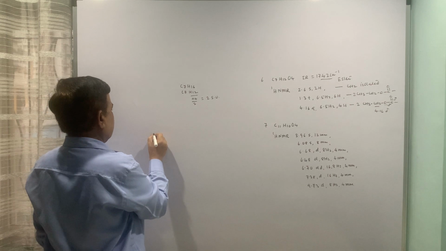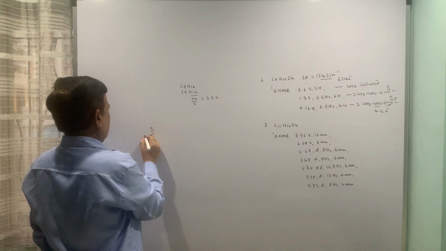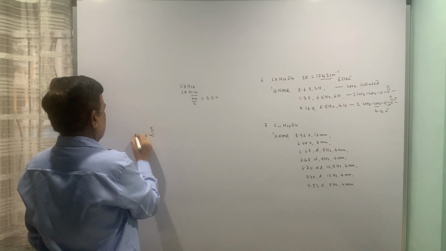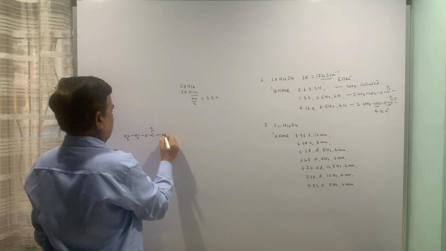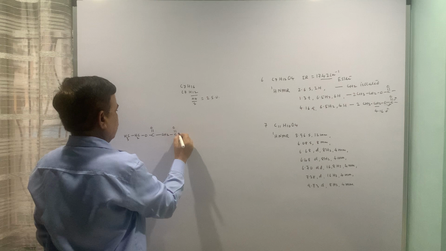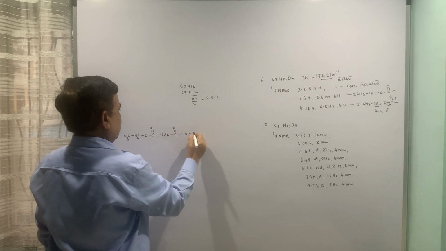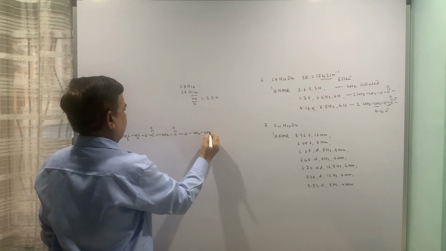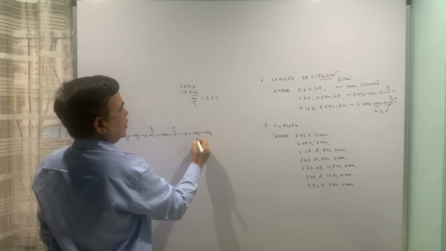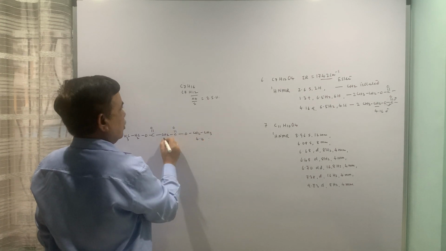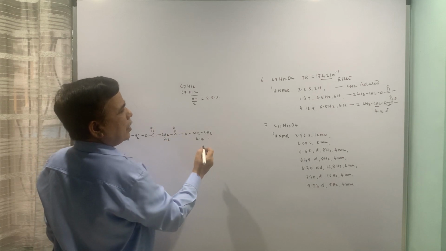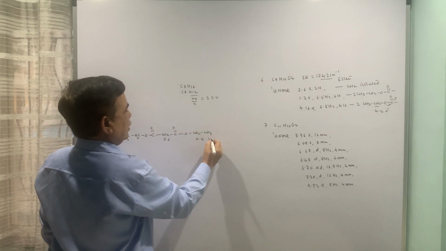So 2 esters are there. Let me put 2 ester groups on either side, CH2CH3. Then this is an isolated CH2, so let it be sandwiched between 2 carbonyls. This is 4.16, this is 2.6, and this is 1.3.